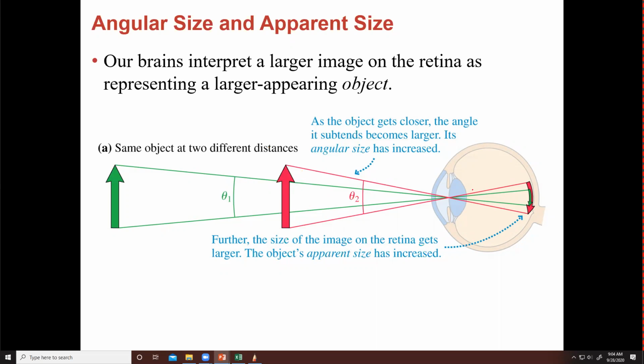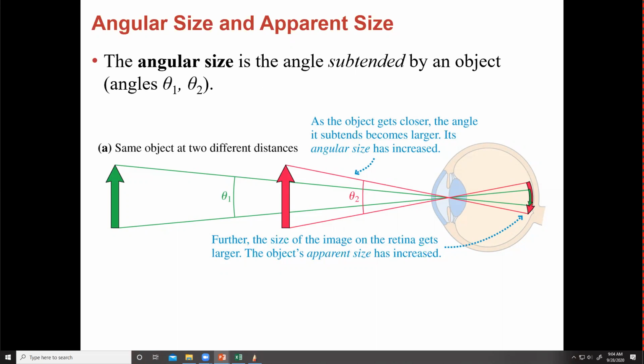So the size of the image formed on the retina depends on the angle subtended by the object at our eyes. And these angles are called the angular sizes.